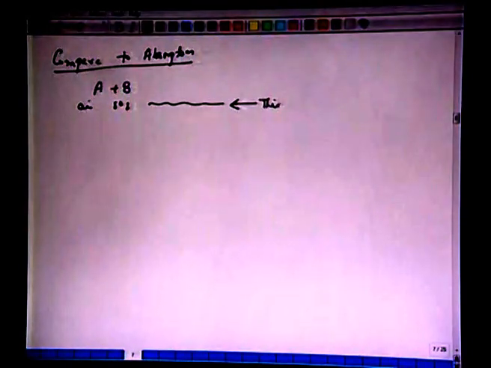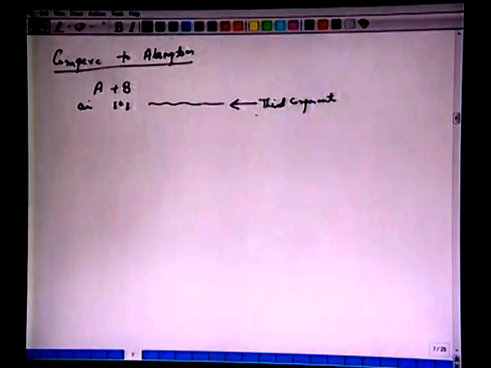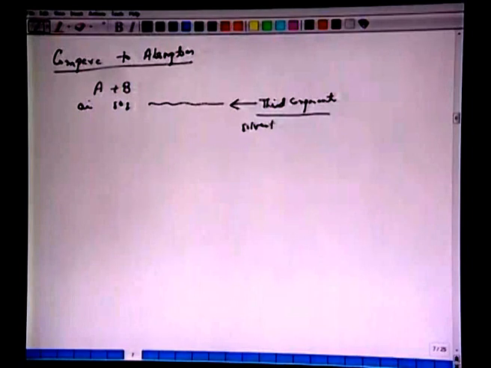So, compare this to absorption. All right. So, we have now A plus B, say air and SO2, which we bring in contact with a third component. Here one has to be careful, this third component, a solvent, should have larger solubility for B, which we want to remove, but we have to bring in this third component.